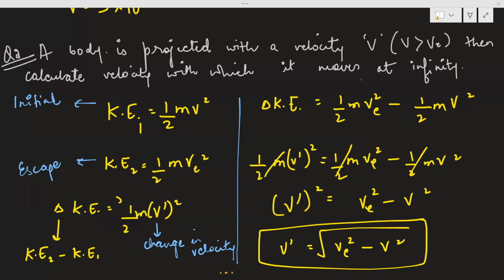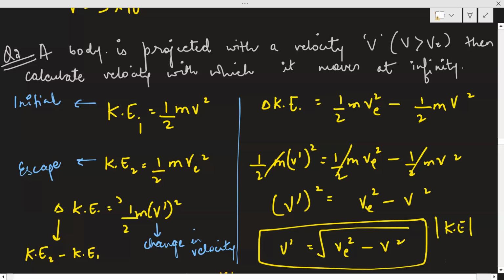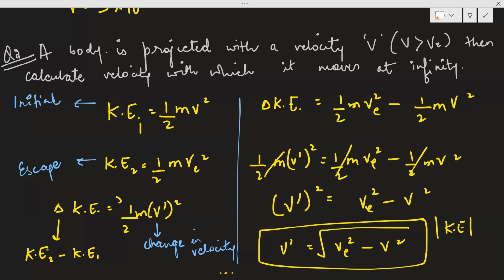So even in this question, if we took this as v square minus v_e square or v_e square minus v square, the answer would have been the same because kinetic energy will never be negative. So it will always carry a modulus with it. That's why I said it is technically final minus initial, so I changed it. But when you wrote v square minus v_e square, that was also correct because kinetic energy is a scalar quantity. So you'll always have the modulus. That's what I was saying.